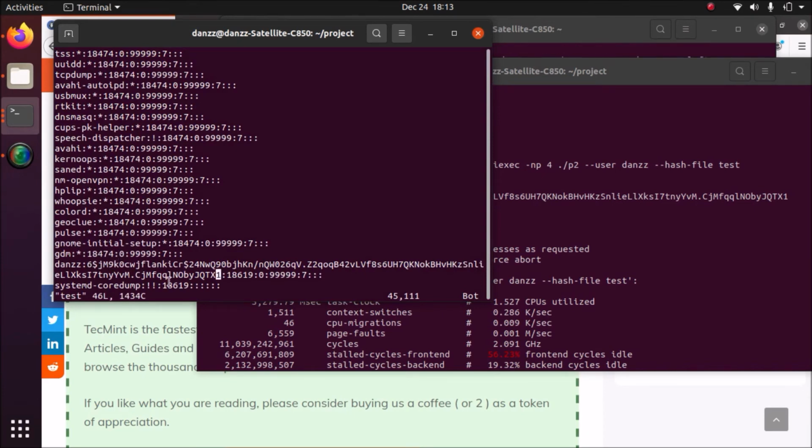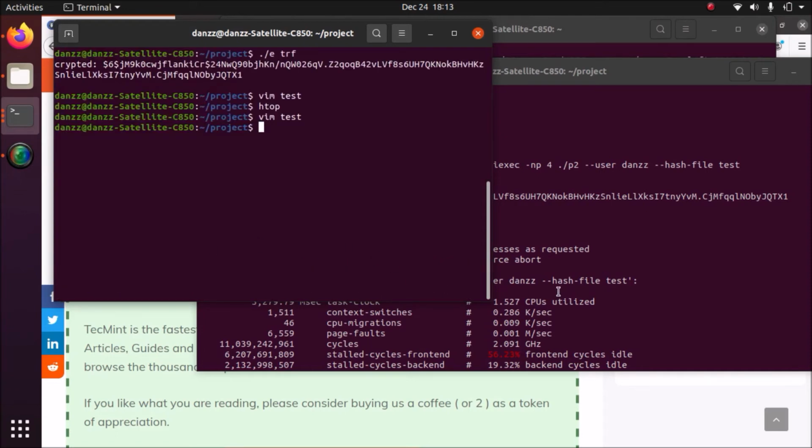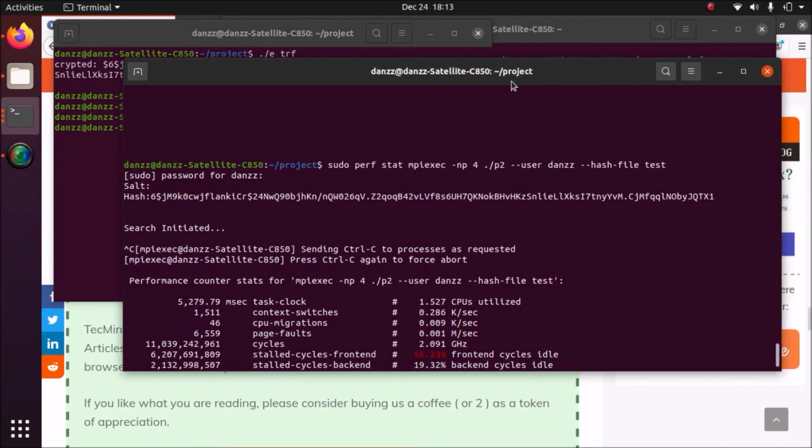Oh, there's supposed to be a dollar sign here, because this is the format of the SHA-512 hash. Now I will just save it, and I will run this again.